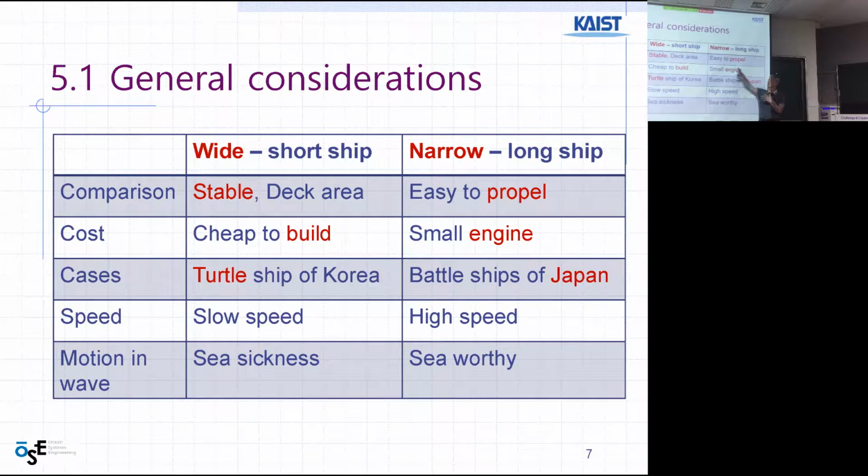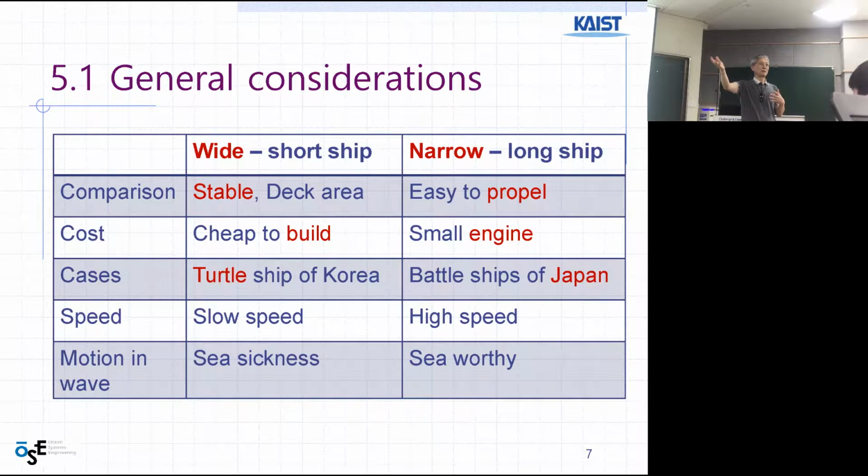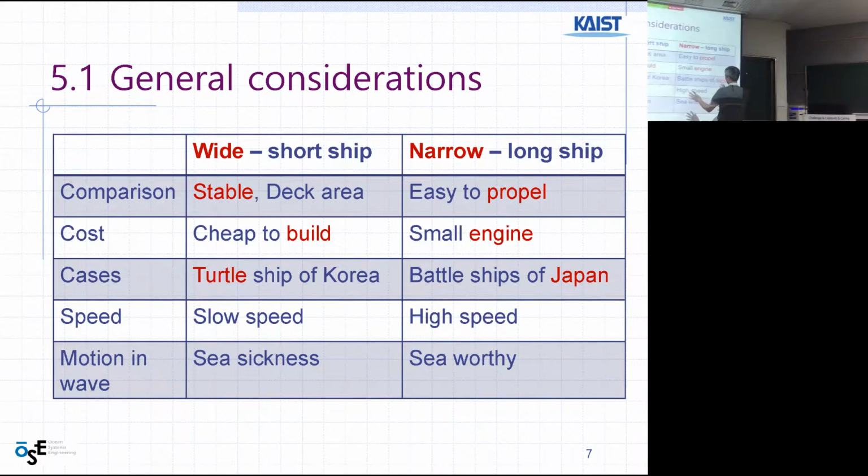Also, Japan is an island compared to Korea. That's why they needed a ship with high speed. So that's why the differences come.